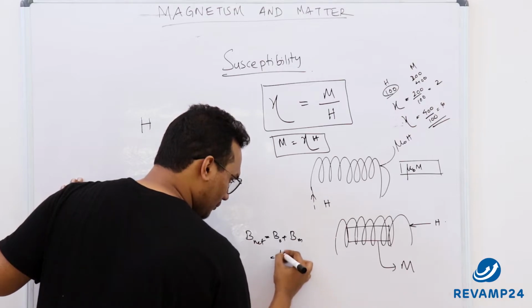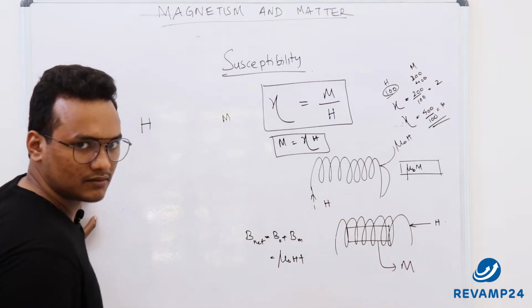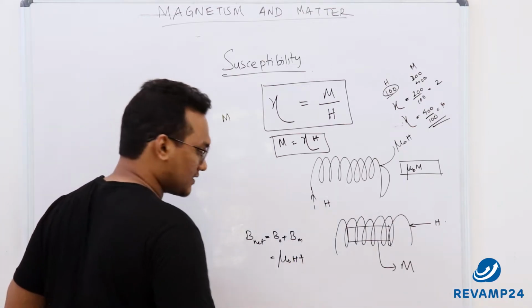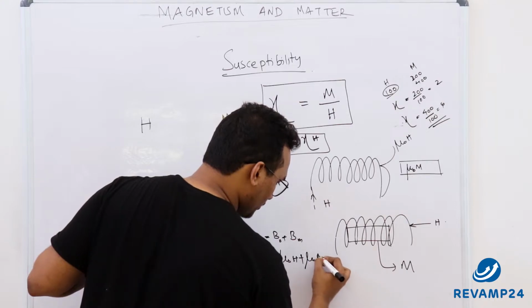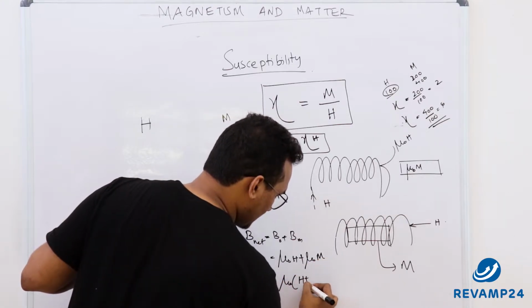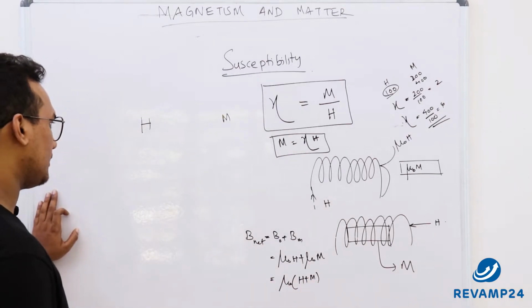What is B0? mu0 into H. What is the magnetic field due to the substance? mu0 into M. So what is the total? mu0 into (H plus M). This is the total magnetic field.